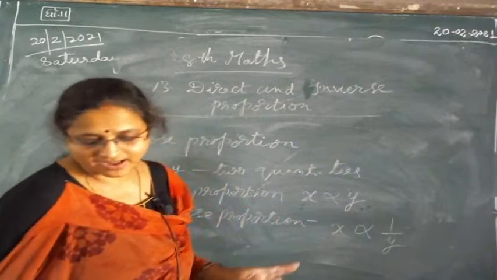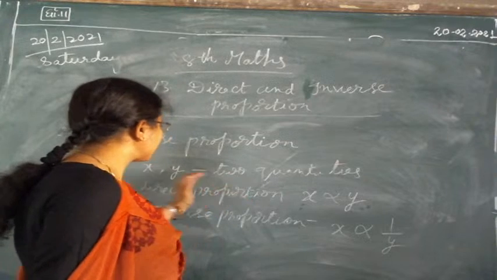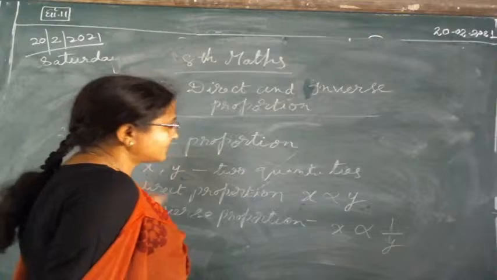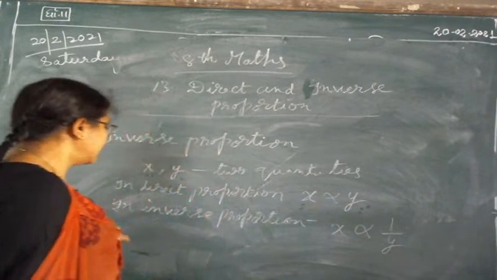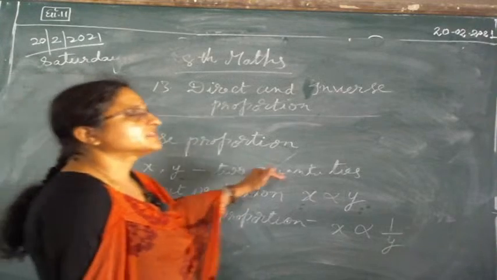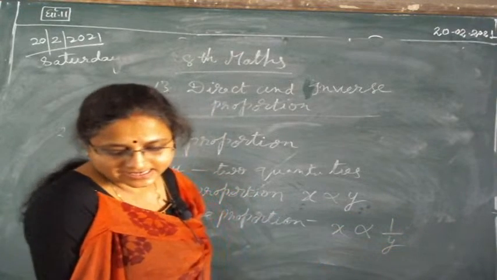In direct proportion, if you take two quantities, x and y, if the value of x increases, the value of y also increases. In inverse proportion, the value of x increases, automatically the value of y may decrease.